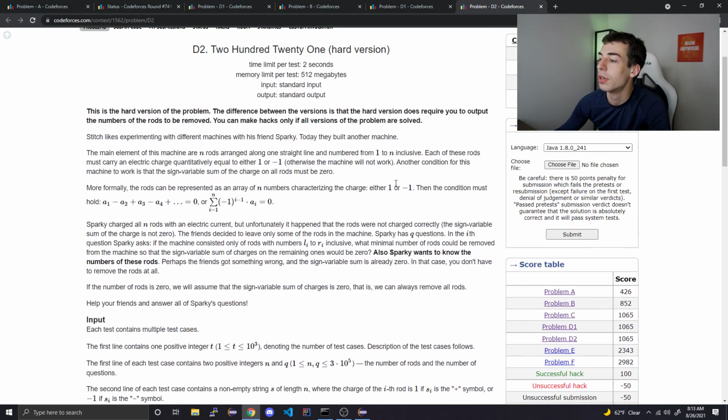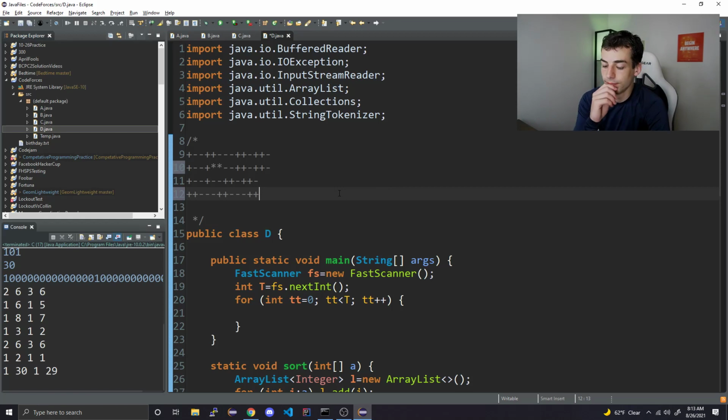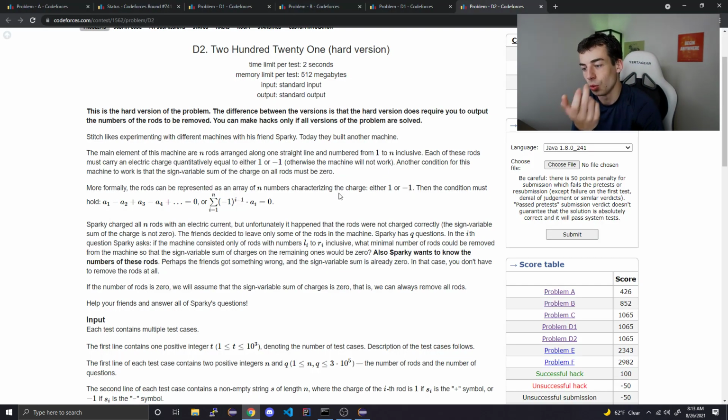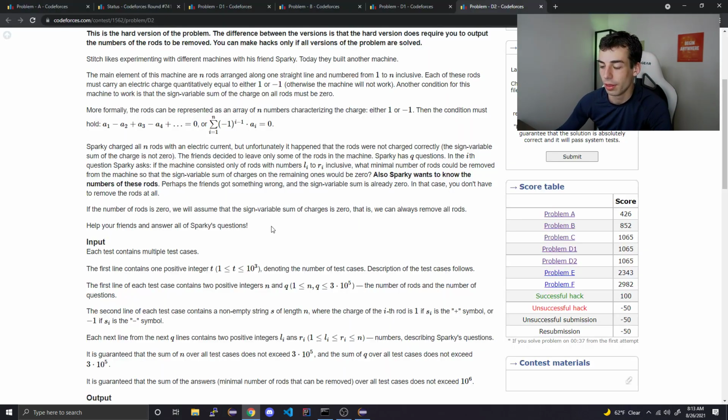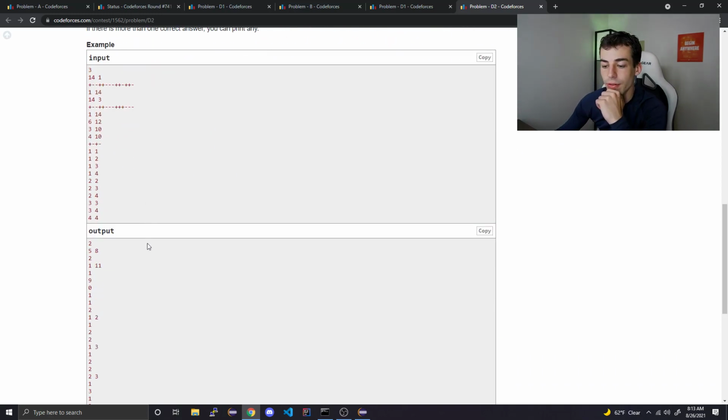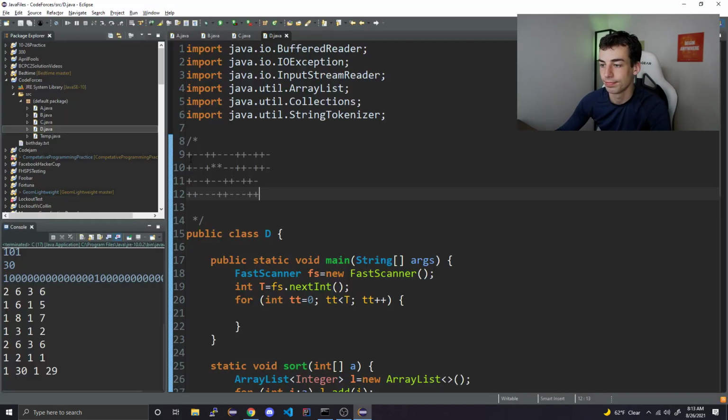Okay. So we just want to know, this seems like a little bit of a boring problem, right? We just want to know the positions of the things to remove. Remove the things at position 1 and 11.